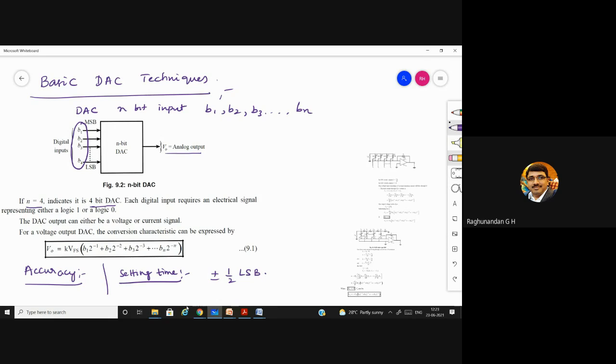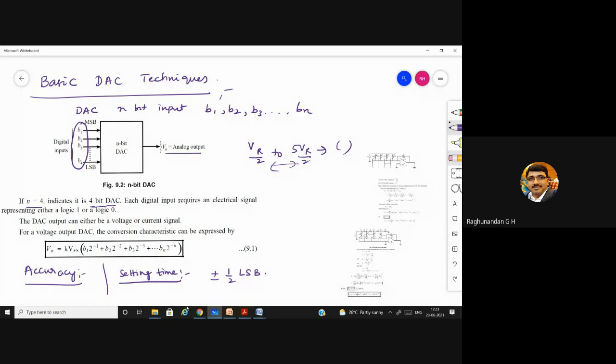In the upcoming topic, we will look at some conversions where we will say that if the range is from VR by 2 to 5 VR by 2, then this is this value. That variation is okay for us.